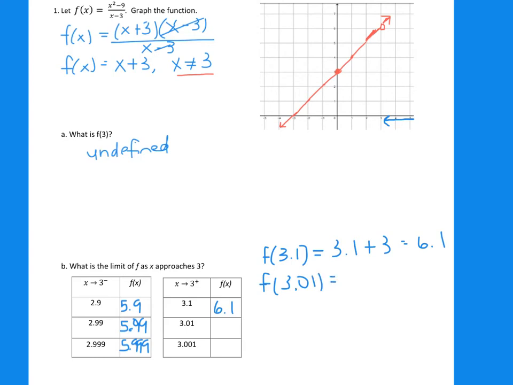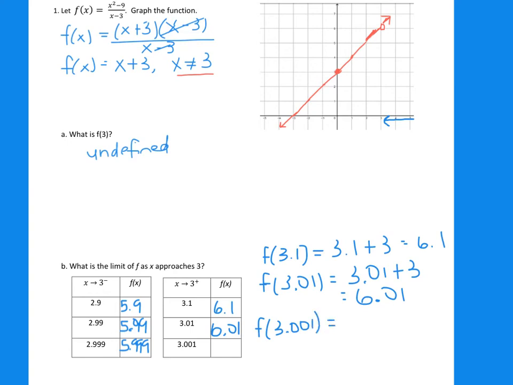Now if we want to get a little bit closer, we could use, say, 3.01. If we plug that in for x, we have 3.01 plus 3, which is going to give us 6.01. Okay, and then even closer still, we could use, say, 3.001.